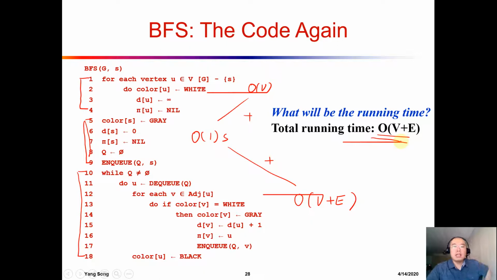That is the time complexity of the BFS. Please notice that now we have some number of edges and some number of vertices, so we won't use O(n) to express it. Instead, we have two numbers, so we express the time complexity of the BFS as O(V+E), where V is the number of the vertices and E is the number of the edges.